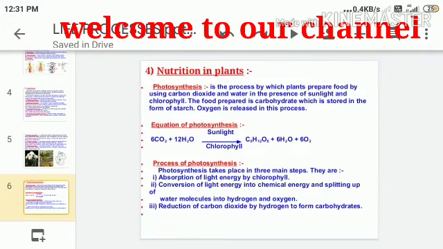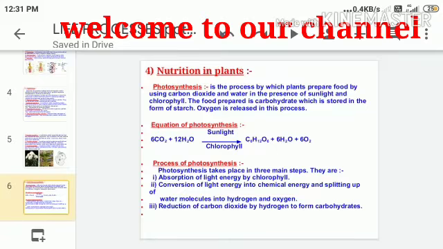The process of photosynthesis contains three different steps. The first step is absorption of the light energy by the chlorophyll.